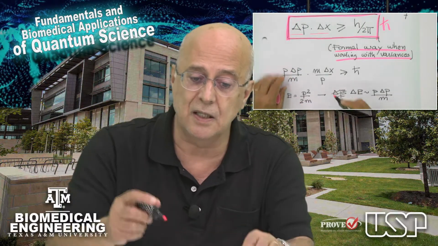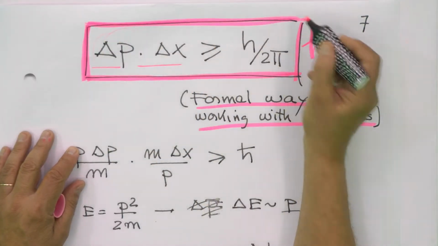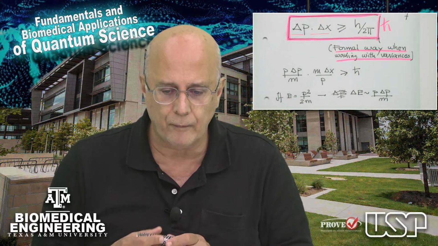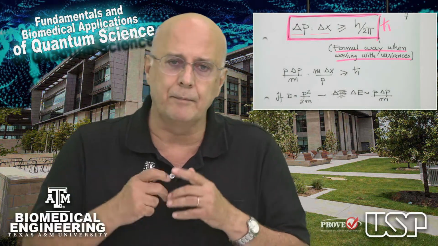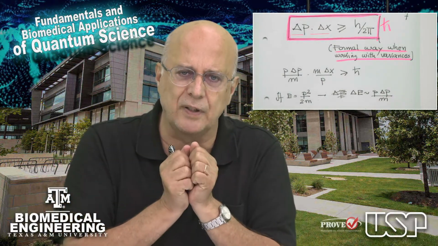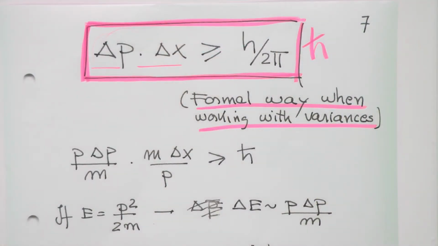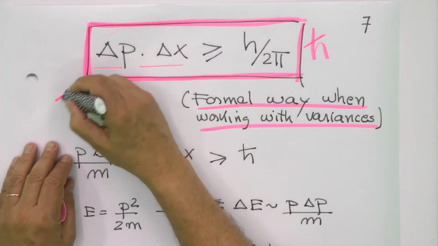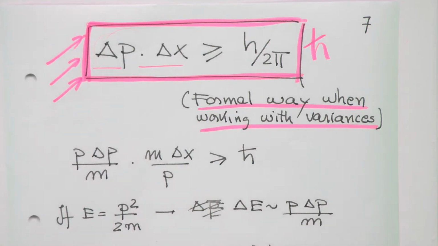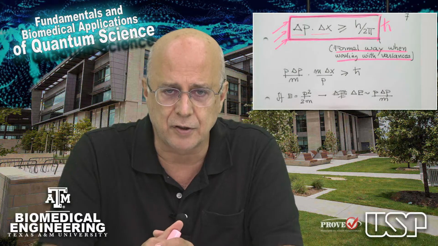So this is important, and it's important in many contexts, as I'm going to show you now. Oh, by the way, before I go on, let me tell you that this is a limitation on the resolution of microscopes. This is what we call the Heisenberg limitation.